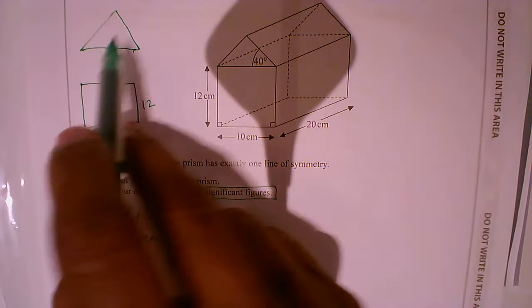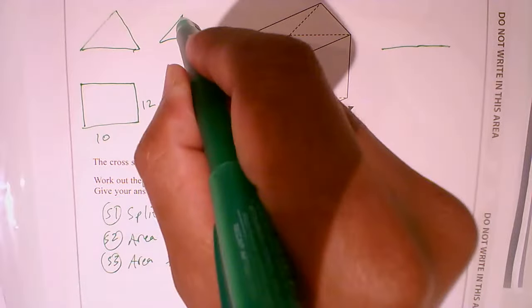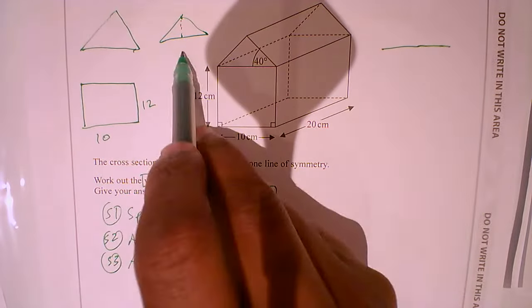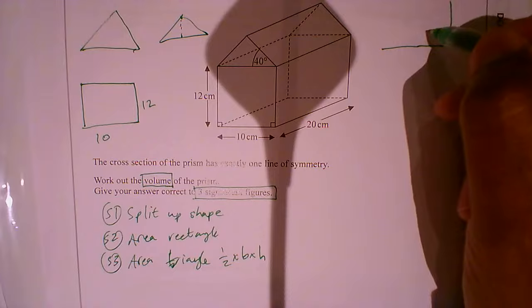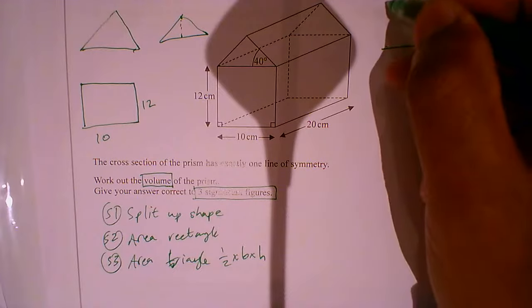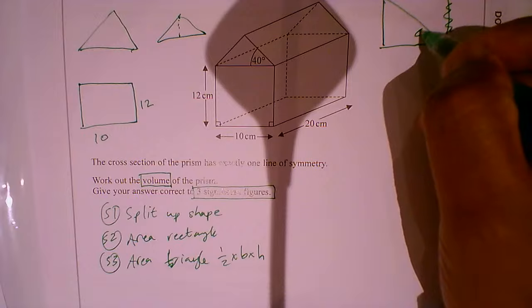Now we need to work out the height of this. If you split this shape up, you can see this is a right angle triangle. This is 40.